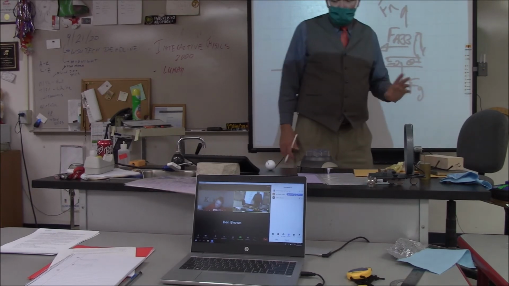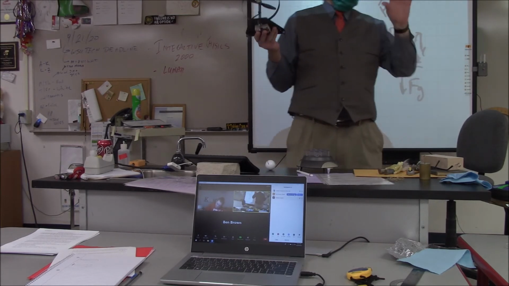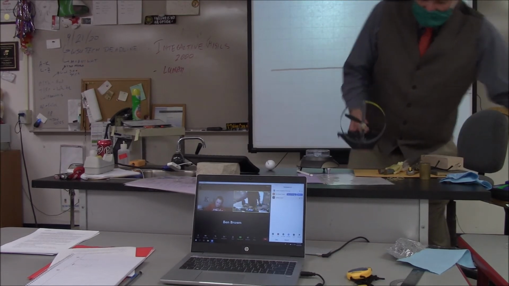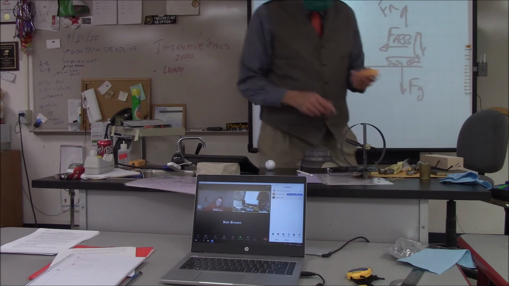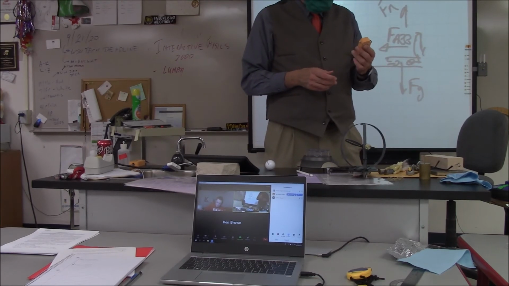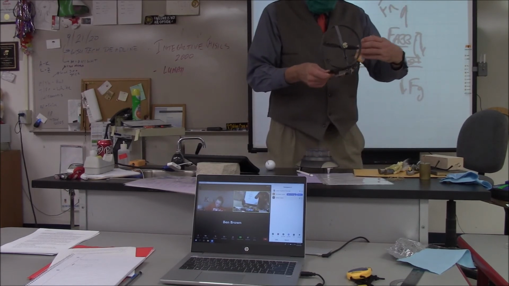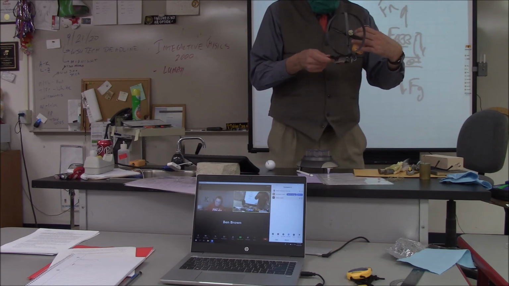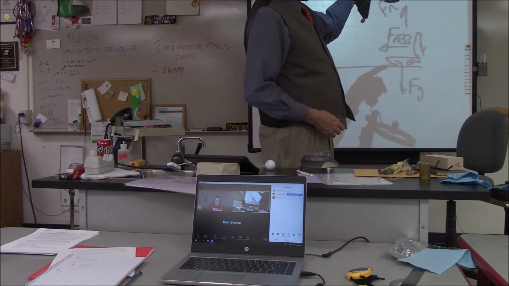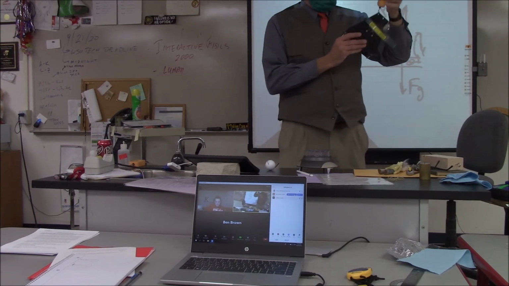Now, what I want to do is find the mass of this cart, because I'm going to use F equals ma. So how can I find the weight of the cart? Let's start with that. You hang it from the hook. So I hang it from the hook, and the hook says that it weighs 4.25 newtons.